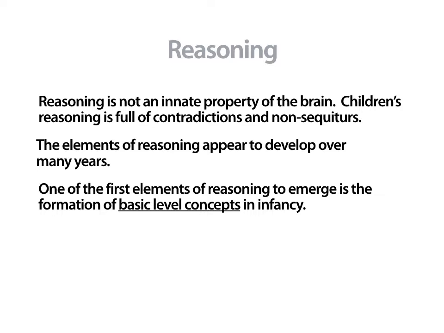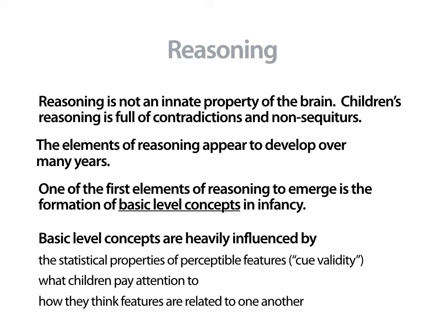Concepts like dog or cat. And we also saw that these basic level concepts are heavily influenced by the statistical properties of the perceptible features, what we called Q validity. This is one of the reasons that basic level concepts are formed first.